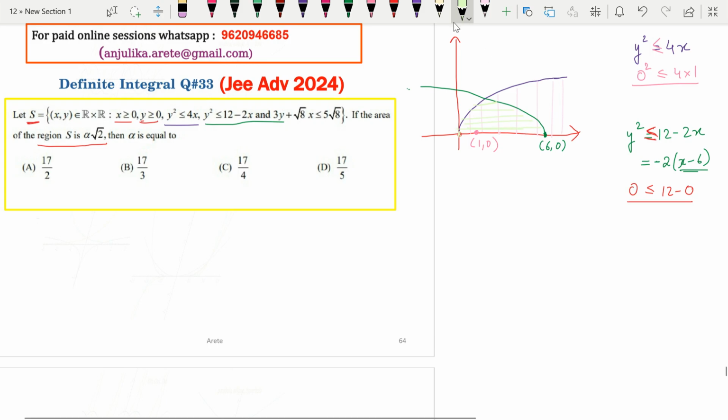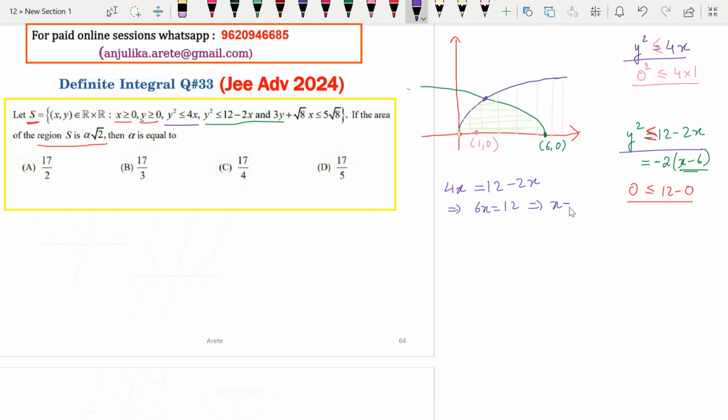So now we know all the points except this point. Can we quickly also figure out what is this point where the two are intersecting? Very easy. You have to solve these two parabola equations. So let's equate them. y square is 4x for the first one, and y square is 12 minus 2x for the second one. We will equate that, and very easy, 6x is 12, and we get the x value to be 2. Very nice.